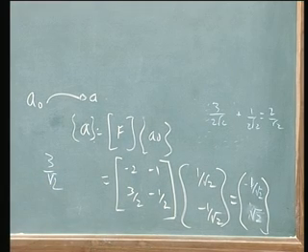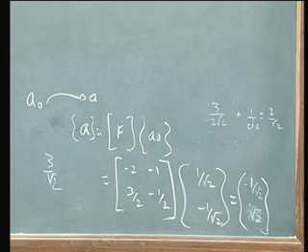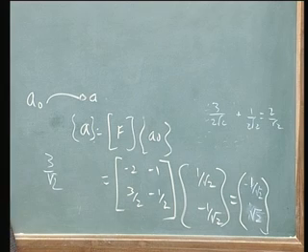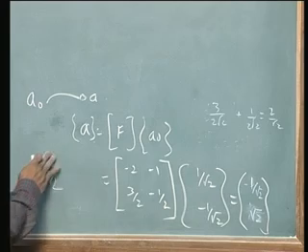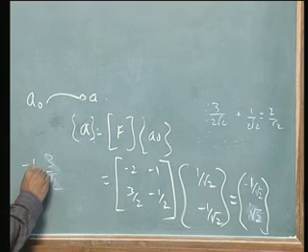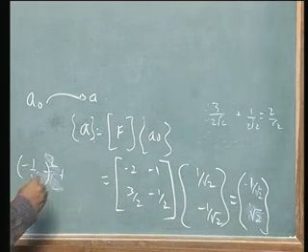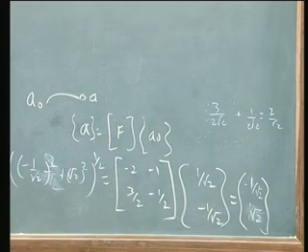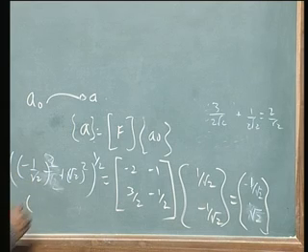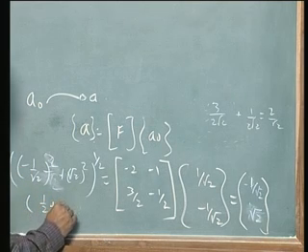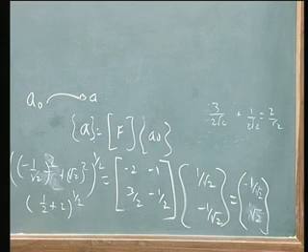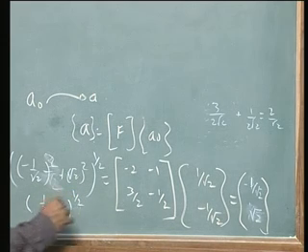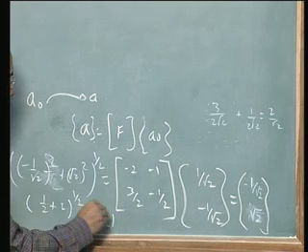Is that clear? Just check that up. Minus 1 by root 2 whole squared plus root 2 whole squared, whole thing power half. So this will become 1 by 2 plus 2, whole power half, right? So that is equal to 5 by 2 power half.